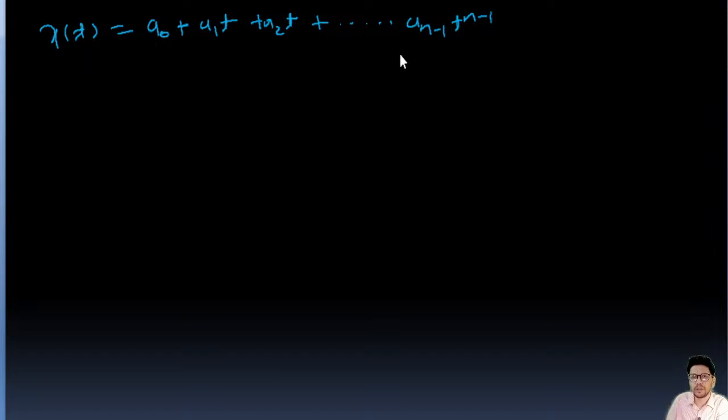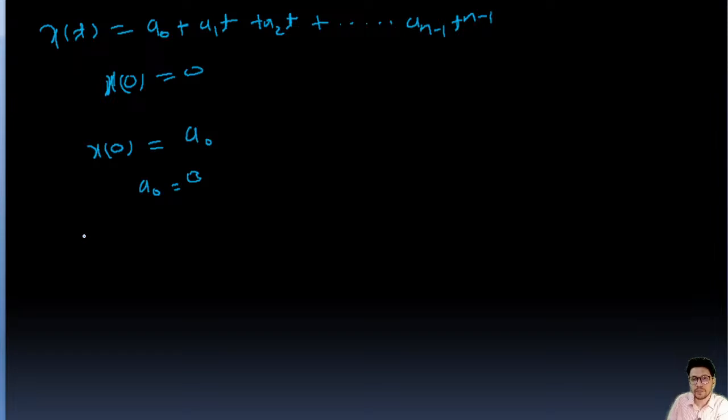Okay, so this is the polynomial given. Now we'll put the conditions. First condition: at t equal to 0, x(0) equal to 0. So x(0) equals a0, or a0 is going to be 0. This is one.